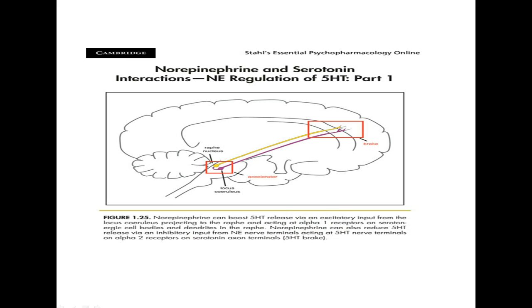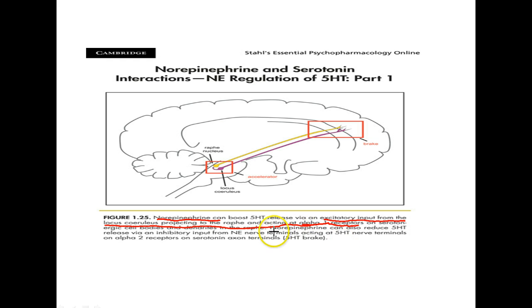This is something important to know, both from the examination point of view and from the clinical point of view: alpha-1 receptors on raphe serotonin cell bodies can cause excitatory input from the locus ceruleus.